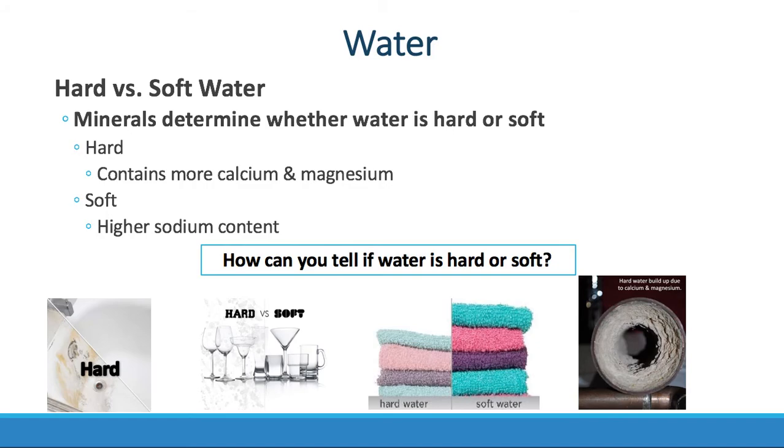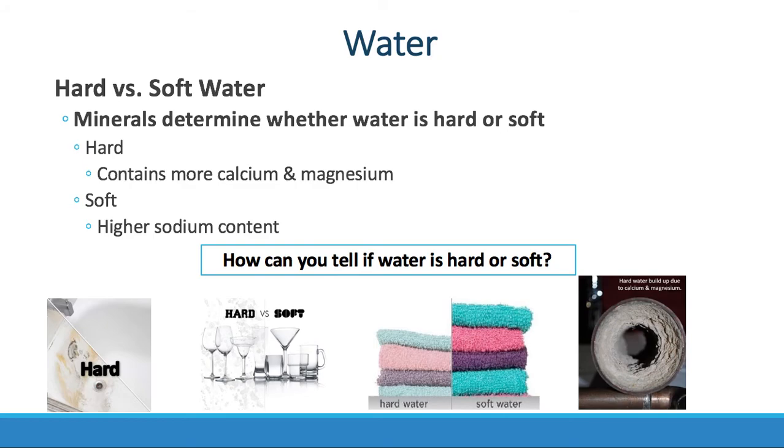So with hard water, we're typically going to see rings on our bathtubs, our toilets, salts or spots left on glasses, and sediments within our laundry. Okay. Soft water, we aren't going to see these things.